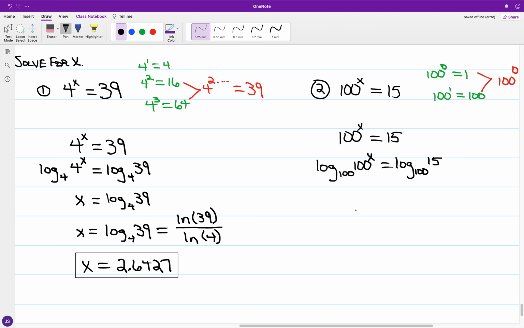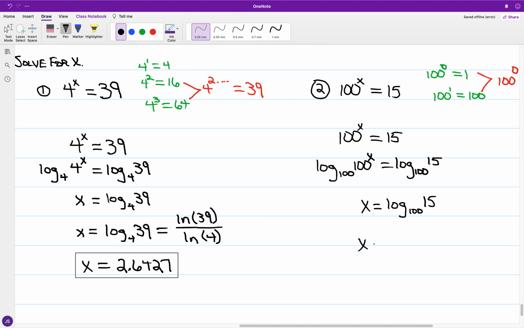So the left-hand side goes to x, and I have x is equal to the base 100 logarithm of 15.